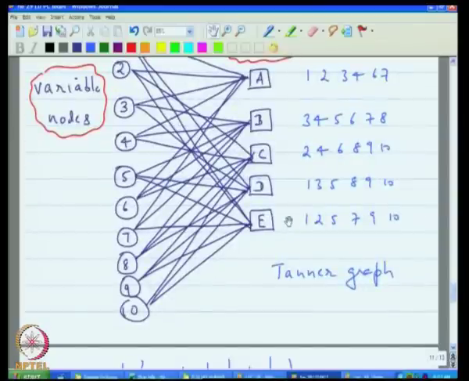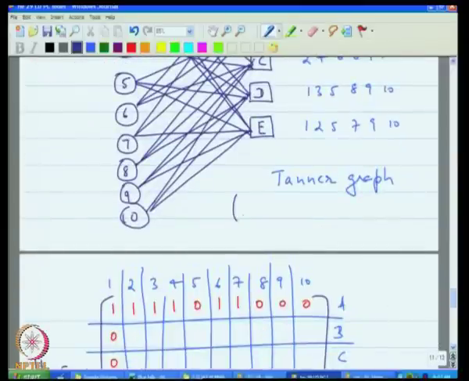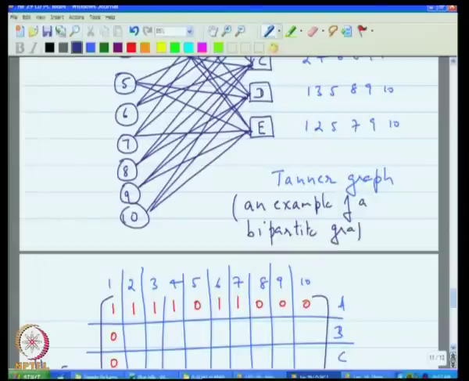So, this is an instance of a type of graph which is actually known as a bipartite graph. So, we will make a note of that. Okay.